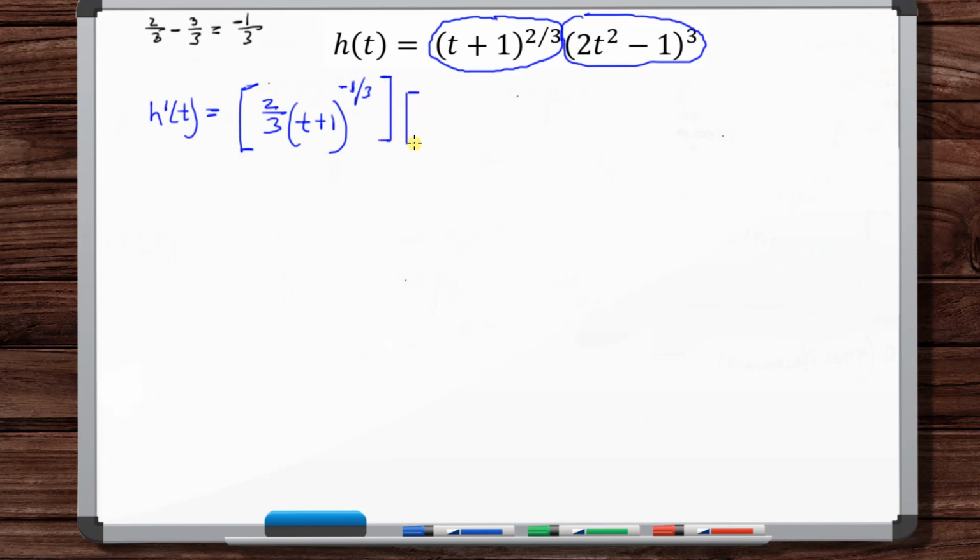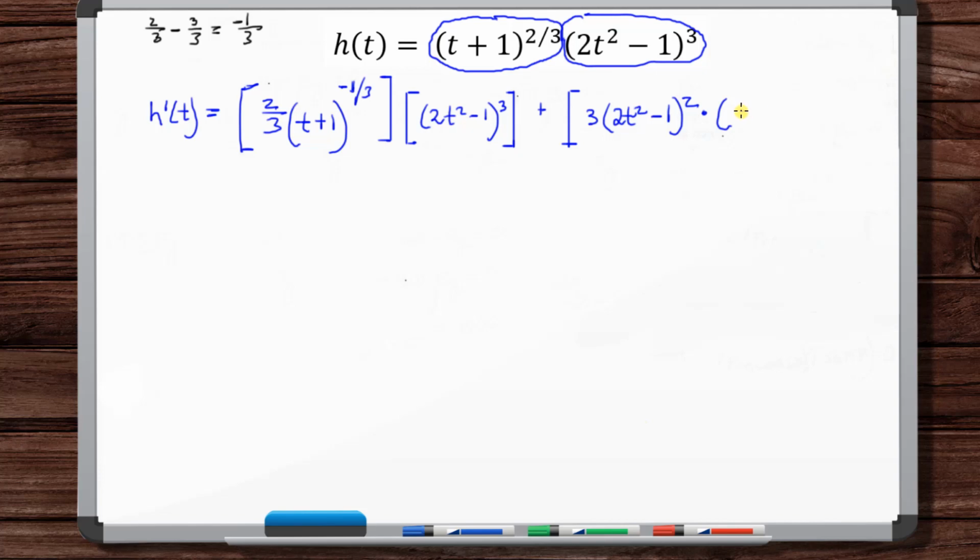Okay, times the second. Plus the derivative of the second, so something cubed, derivative of something cubed is 3 times something squared times the derivative of that something.